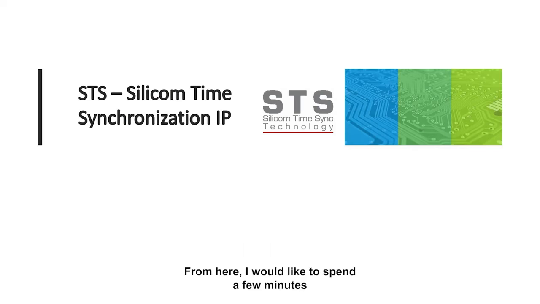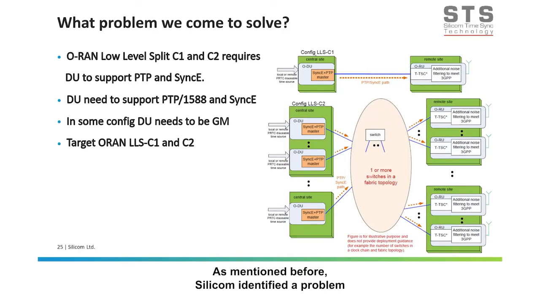From here, I would like to spend a few minutes and discuss Silicom time synchronization IP. As mentioned before, Silicom identified the problem that was introduced by the Open RAN specification.